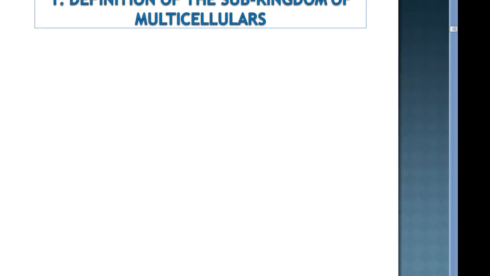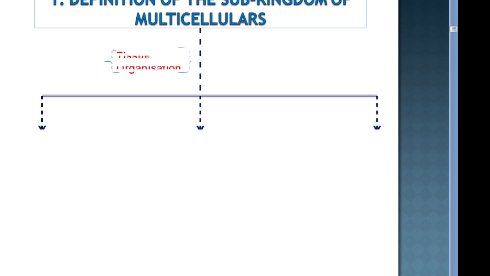Okay, so what is the subkingdom of multicellulars? So, as I said before, the subkingdom of multicellulars regroup all the eukaryote living in a state of multicellular, multi-cells. So that's why to classify the multicellulars, we use an important criterion, which is the organization of the tissues.